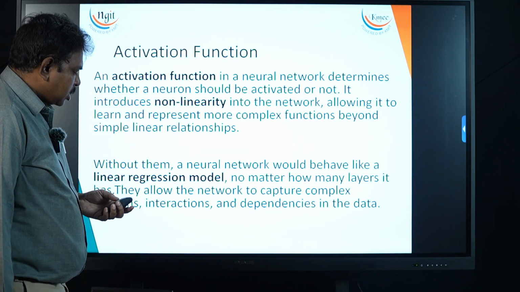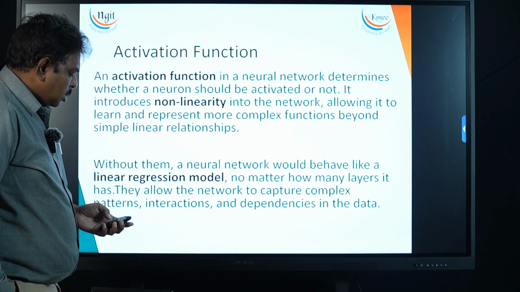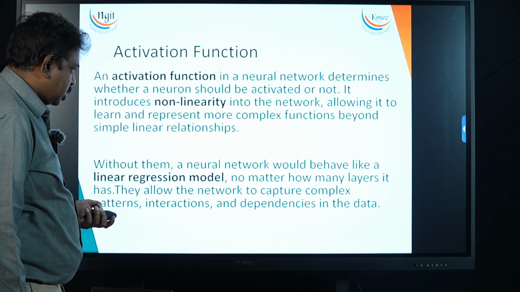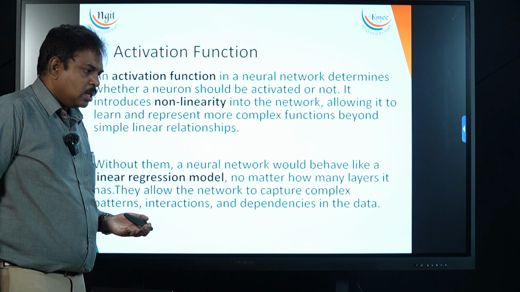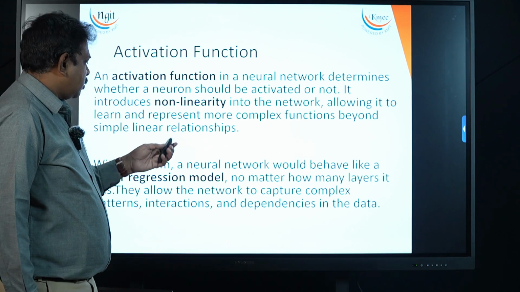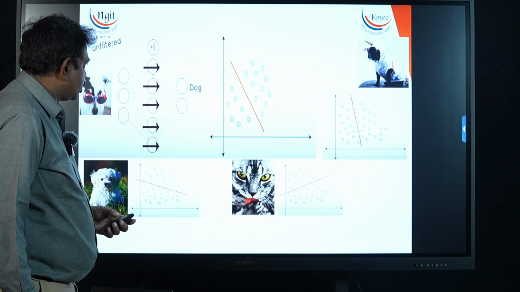Without an activation function we can also do it, but most of the time without activation functions, the network follows a linear regression model. This means a neural network will become a linear regression model if you don't use an activation function. Let us see why it becomes a linear function.